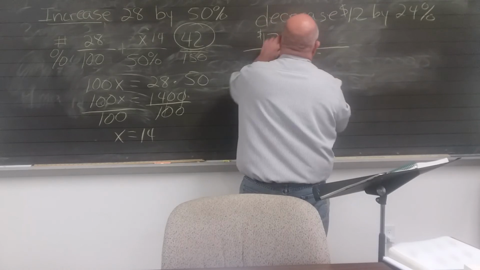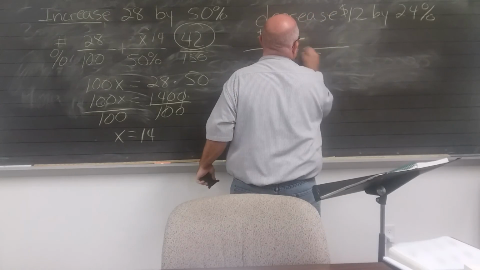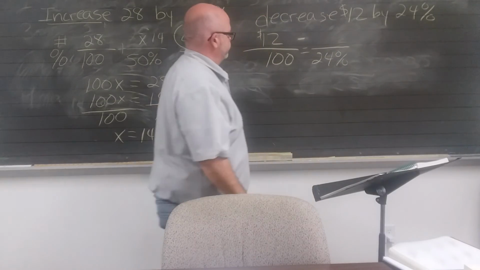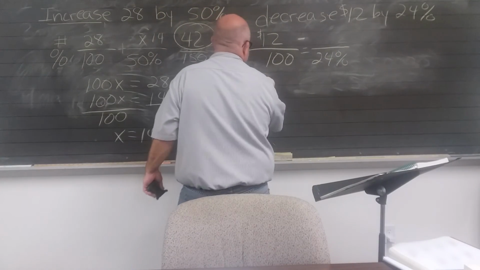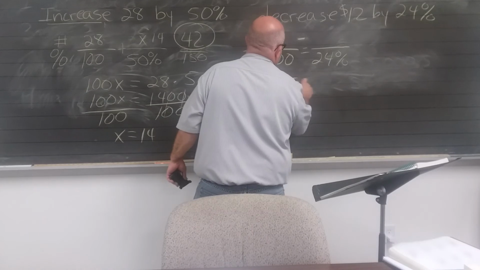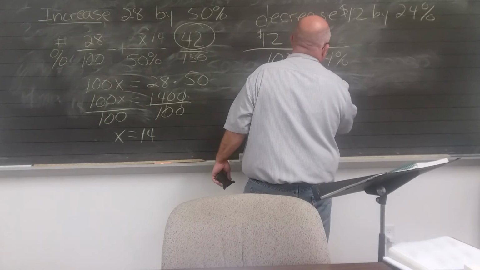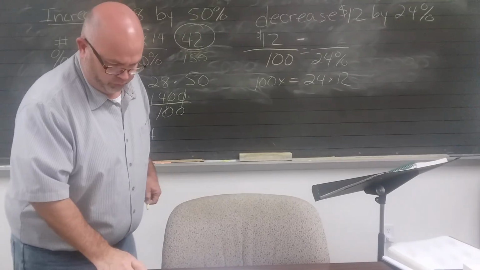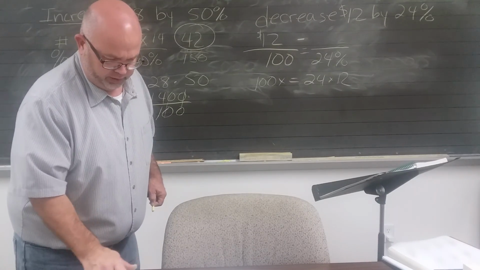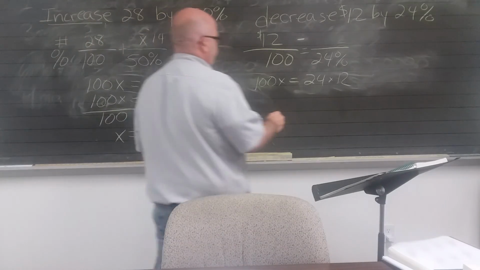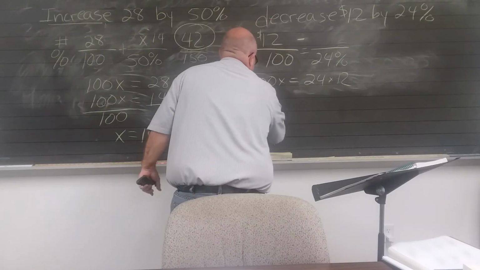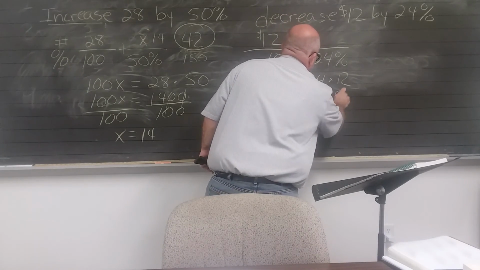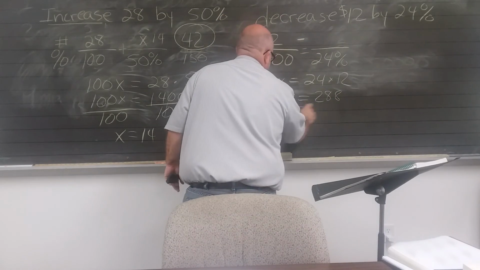Sorry, you're going to decrease, minus 24%. All right? So now you have your 100x equals 24 times 12, which is what? 24 times 12 equals 288. So you have 100x equals 288.